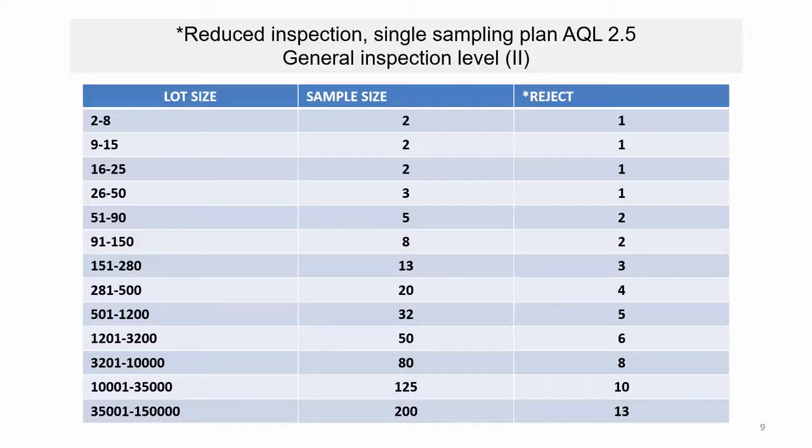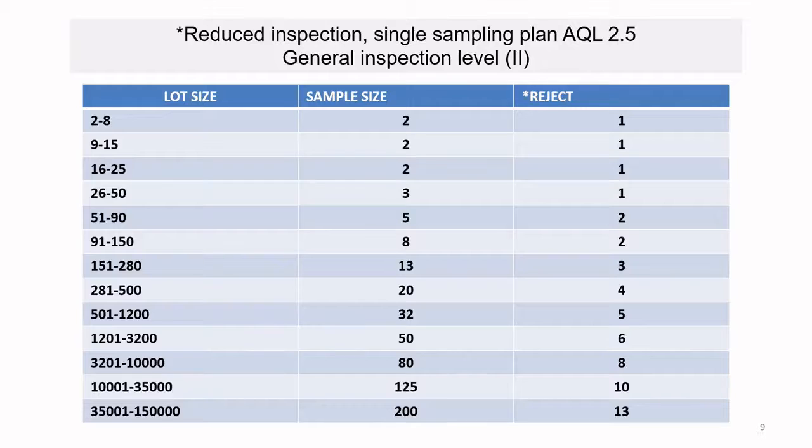Now what is AQL? AQL is acceptable quality level. Now AQL, when we see the actual table, the table is AQL 0, 0.1, 0.2, 0.25, 0.4, 1, 2.5, 4. AQL 0 means zero tolerance.